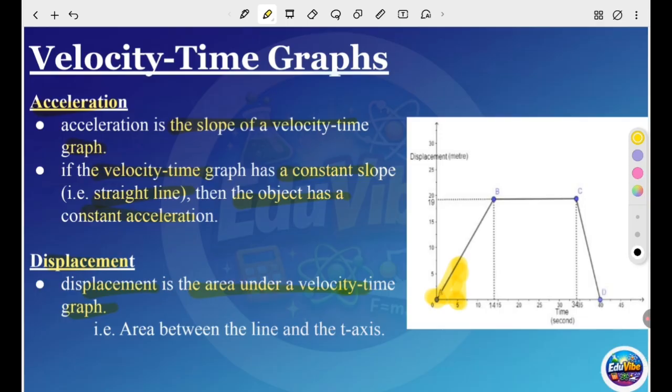You have to find the area for that part. That is the area between the line and the t-axis, the time axis, over the range of time you want. From that area you get the displacement for that particular time.